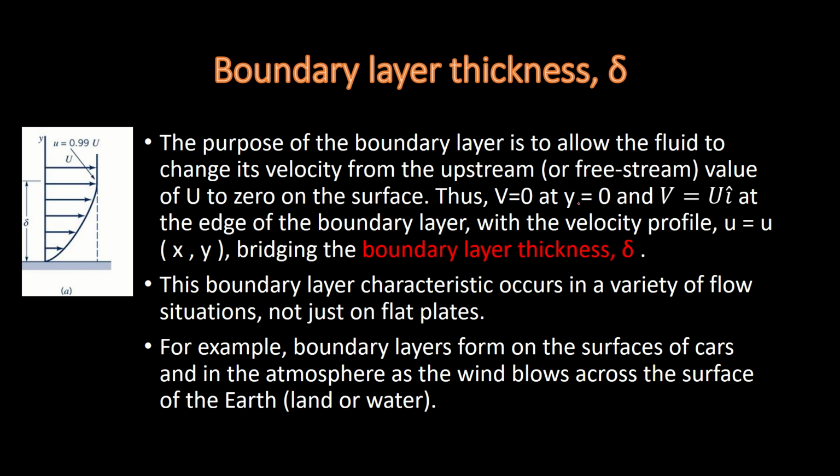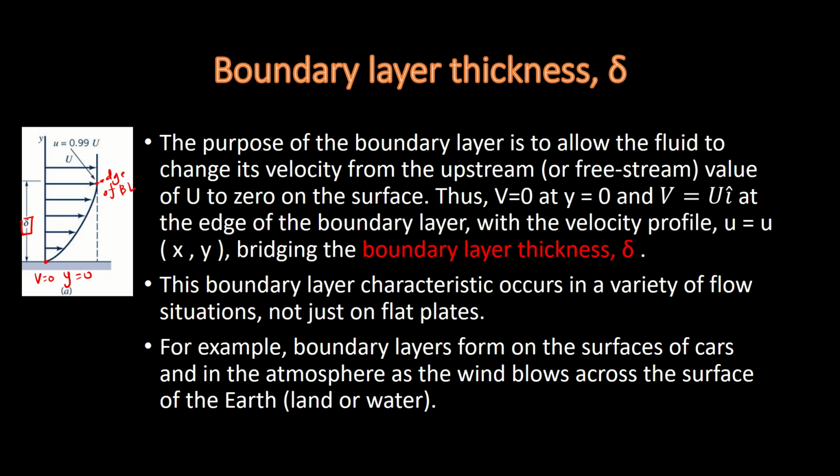So u equals 0 at y equals 0, and u equals U at the edge of the boundary layer. With the velocity profile u equals u(x,y), the boundary layer thickness is from y equal to 0 to where u equals 0.99 U. This is defined as the boundary layer thickness.